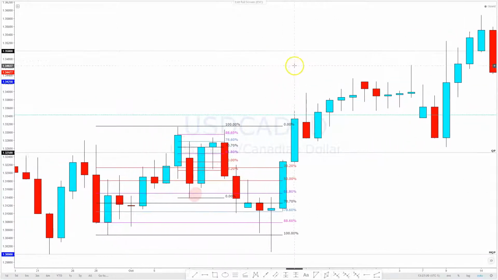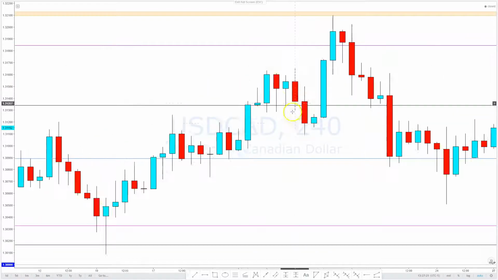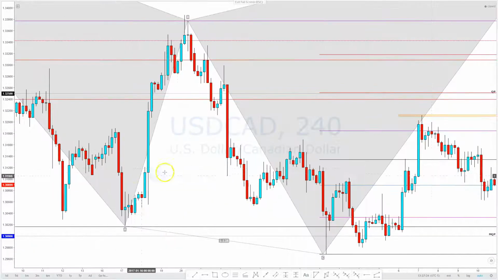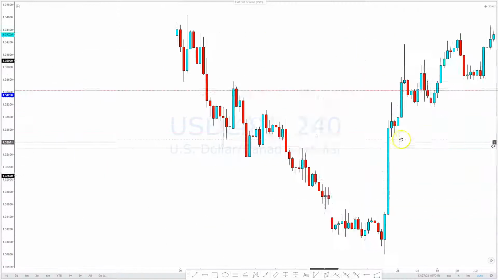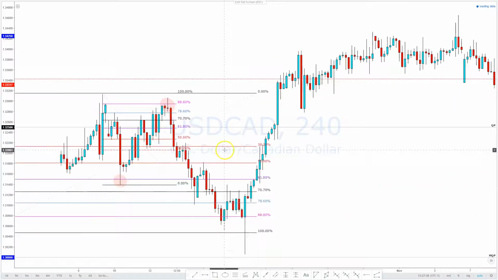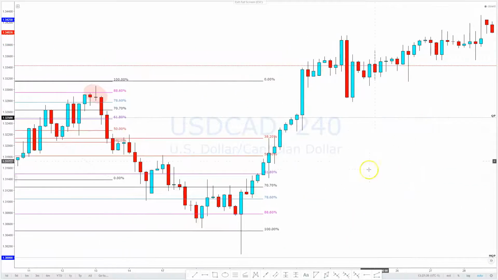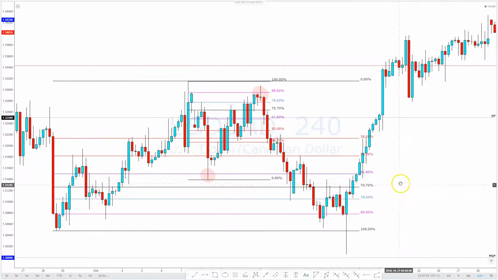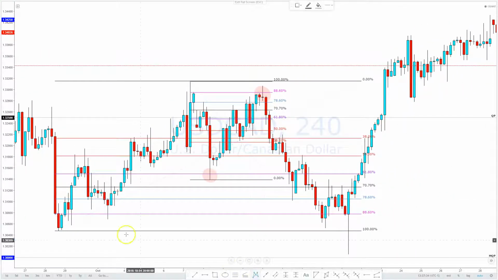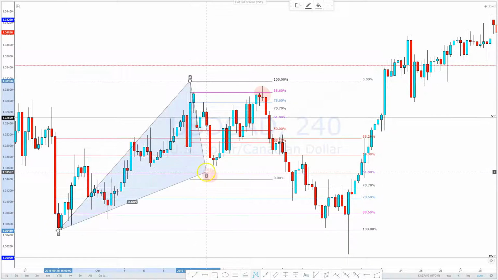Let me go back to the 4-hour chart. That's what I'm going to go over right now. Okay, so check this out. Let me actually draw it out for you guys so you don't see it yet. X to A, B, C, and D. It's going to be the 786.